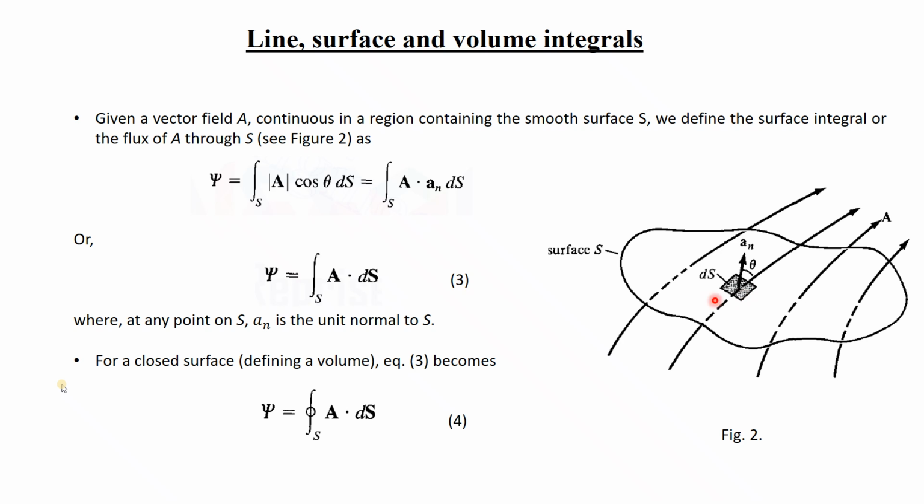Suppose you are calculating phi. Actually phi is the value, not a surface area. It is a value. Surface area is S. So you want to calculate what is the resultant of the surface area with respect to the vector.